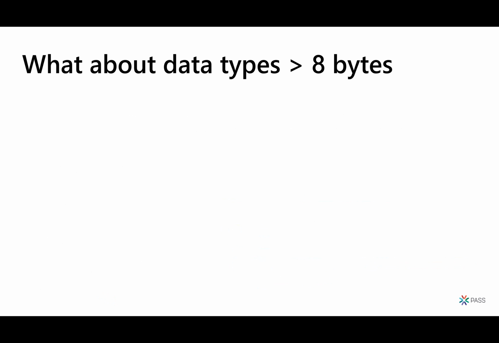So how to handle data types that are larger than 8 bytes. That's the part that we learned the hard way. We put them in external tables and reference them through an int or a big int value as a lookup table. So instead of storing the name of the machine, which could be like a 16-character string, we stored a 2-byte number because we knew we're never going to have more than 65,000 servers.